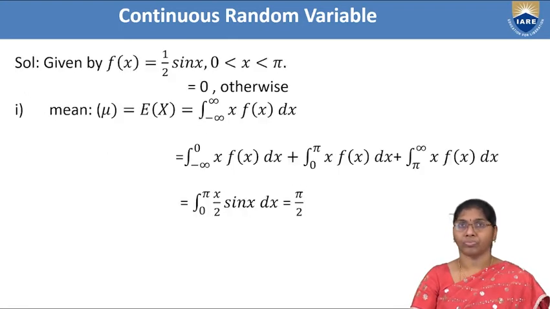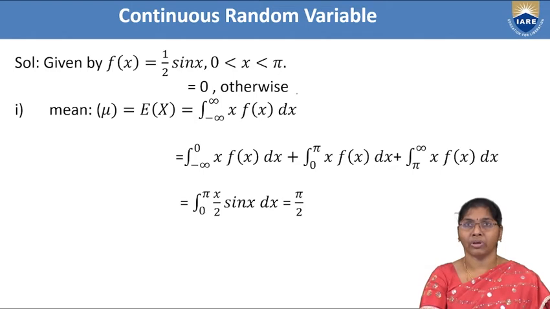Now, the first solution. Given function f of x equal to 1 by 2 sin x between 0 and pi, and remaining all are zeros. The mean mu equals the integral from minus infinity to infinity of x into f of x dx.